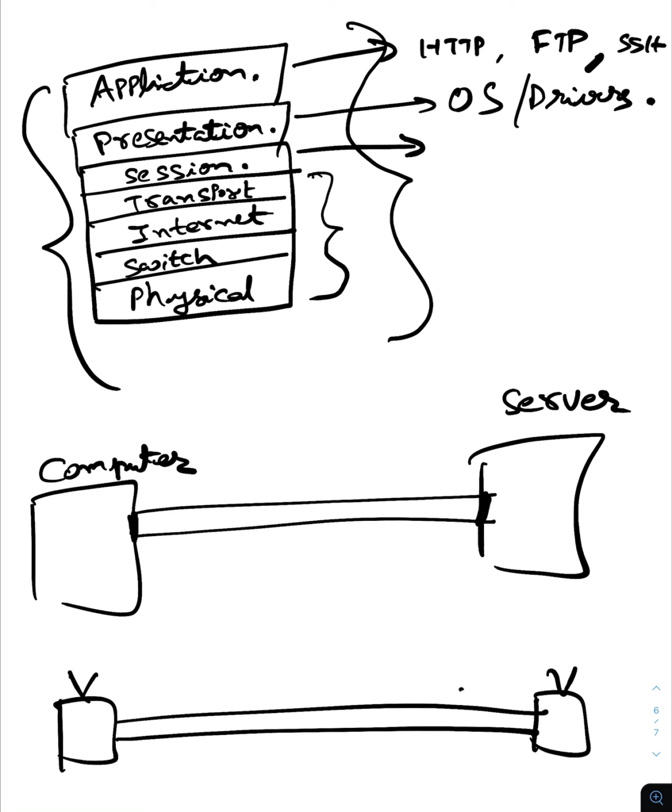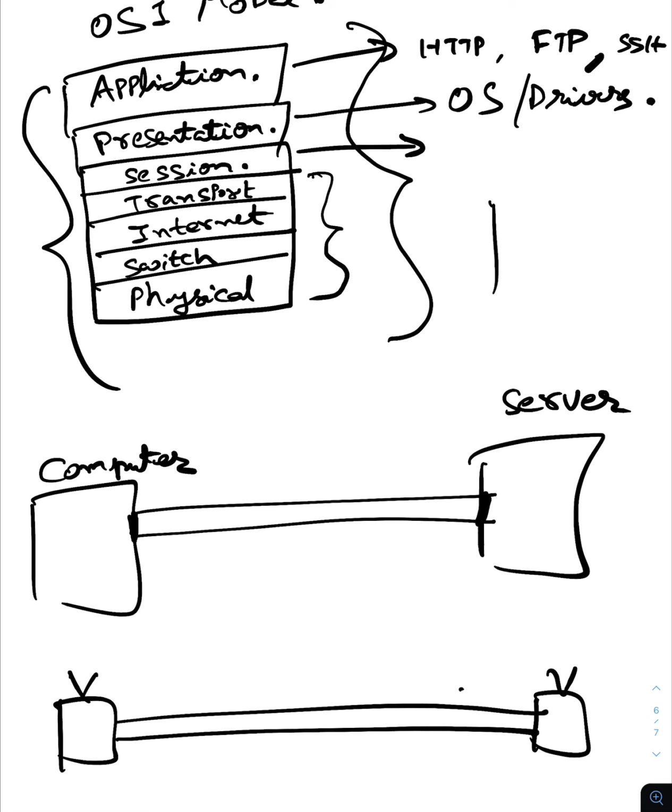The application you are running can be easily explained by these seven layers, which is your OSI model.